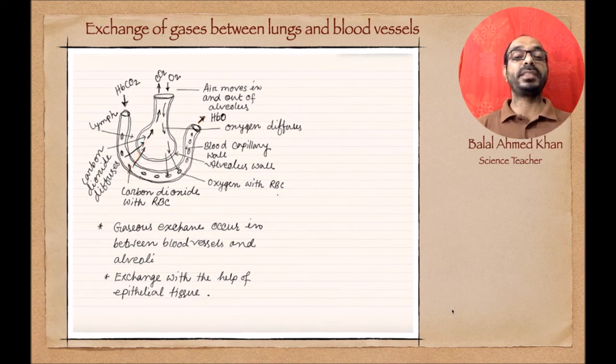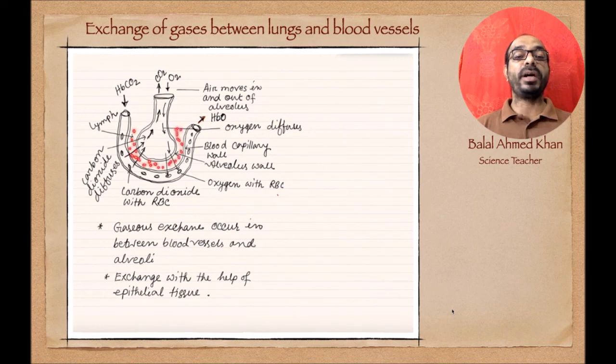In this way, exchange of gaseous substances occurs. HbO2 is oxygen enriched blood, and HbCO2 is carbon dioxide enriched blood. Carbon dioxide is released and oxygen is received during exhalation and inhalation. Oxygen enters during inhalation and carbon dioxide is released during exhalation.